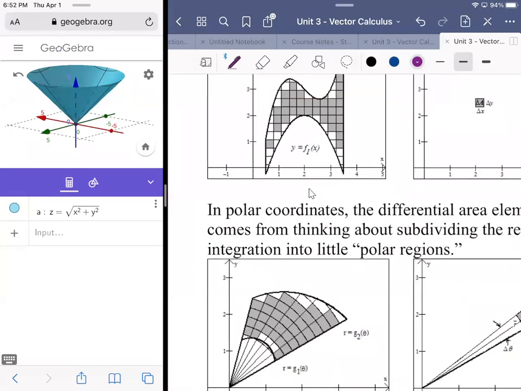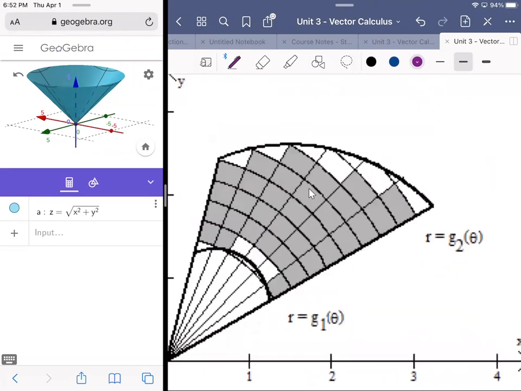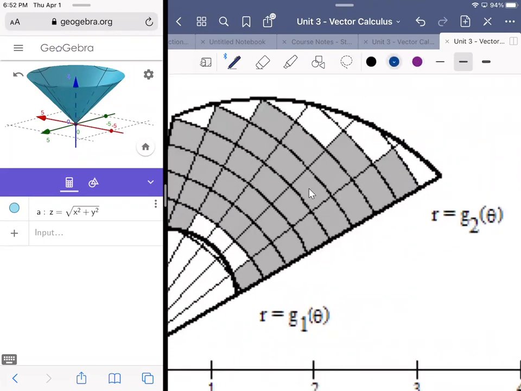But if we're looking at, for example, some bounded region in the XY plane, and that bounded region is circular in nature, if we were to find an area in polar coordinates, you think back to what we did in the first unit, we used 1/2 r squared d theta, with the idea being that if we ever wanted to find the area between two polar graphs, we would just subtract the two.